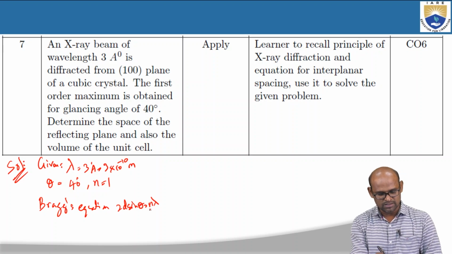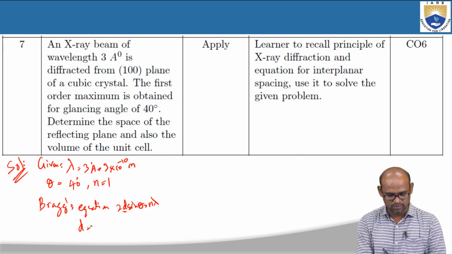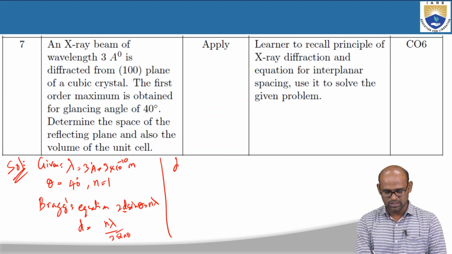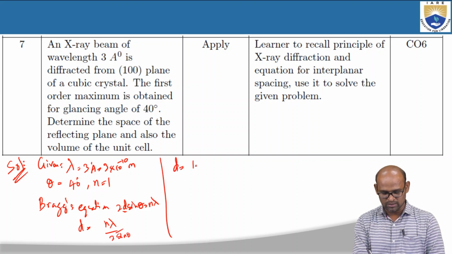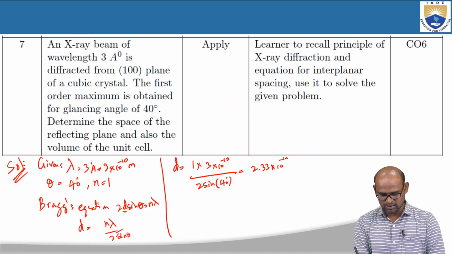So we need to find the spacing of the reflecting plane, so we need to find d. So d is equal to n lambda by 2 sin theta. N is 1, lambda is given as 3 into 10 power minus 10 meters, 2 sin theta, theta is given as 40 degrees. So d will be 2.33 into 10 power minus 10 meters.